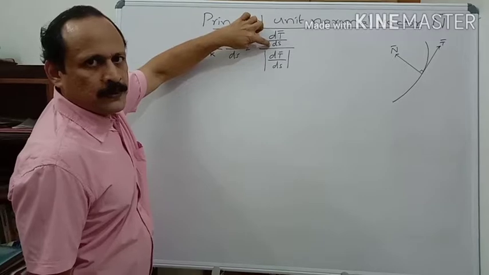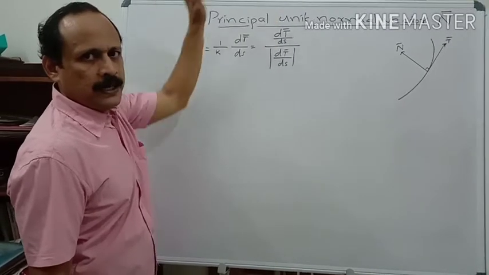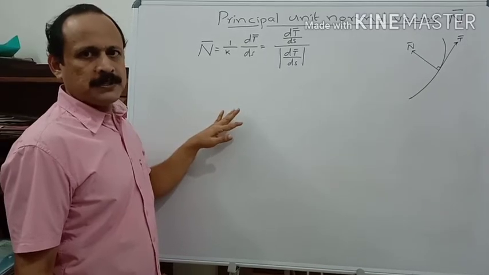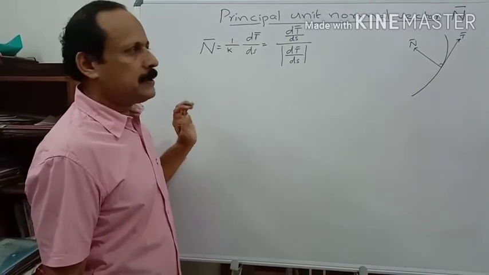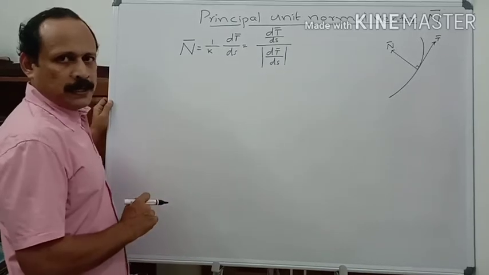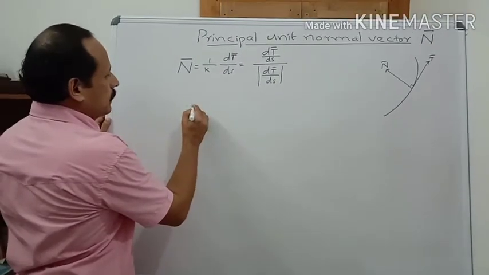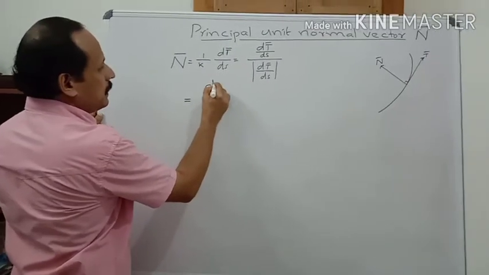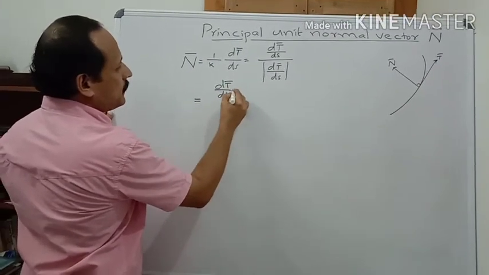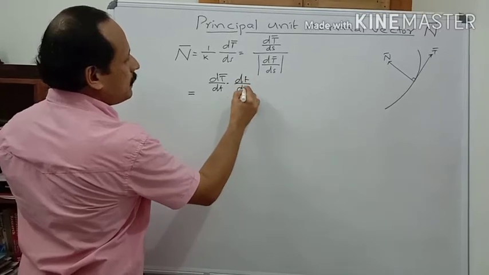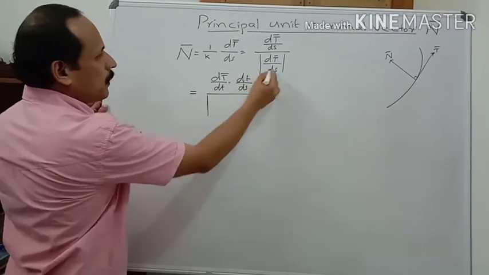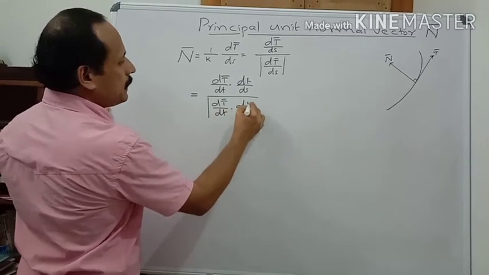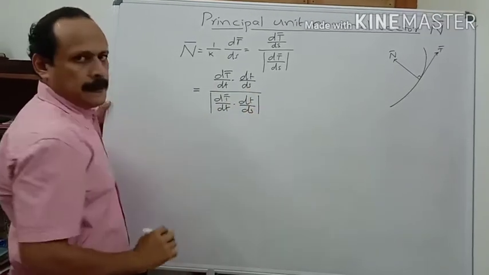So for calculation we find out another formula where the derivative is with respect to the parameter t. For that we apply chain rule. Start with this one. Applying chain rule, it is dt bar by dt into dt by ds by mod dt bar by dt into dt by ds.